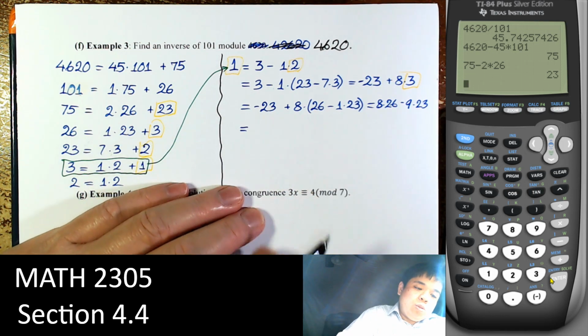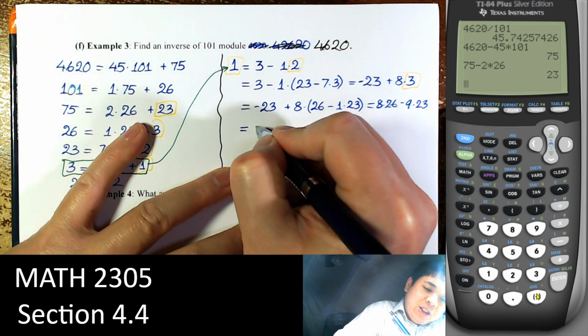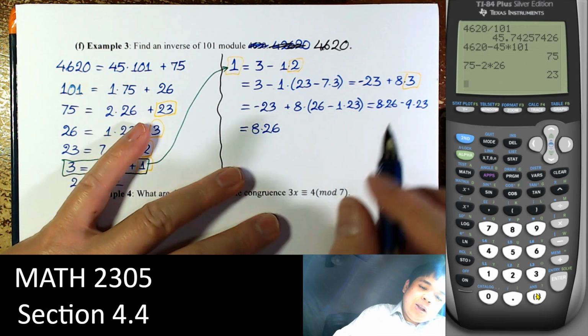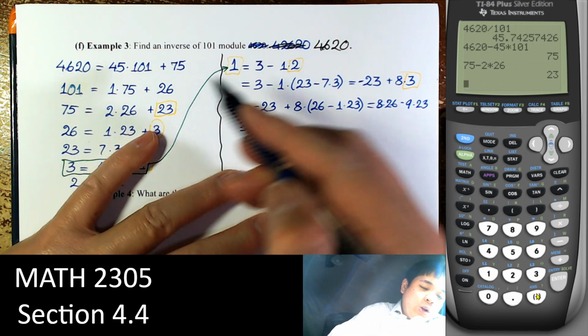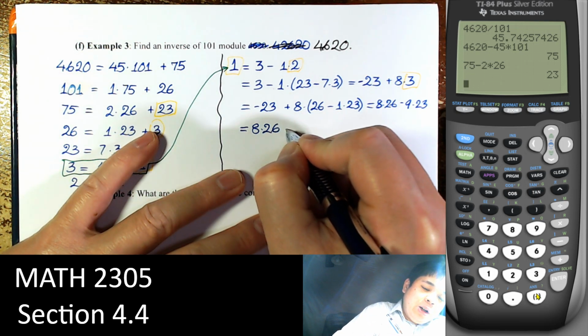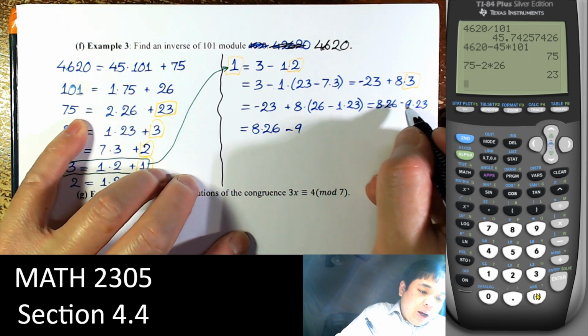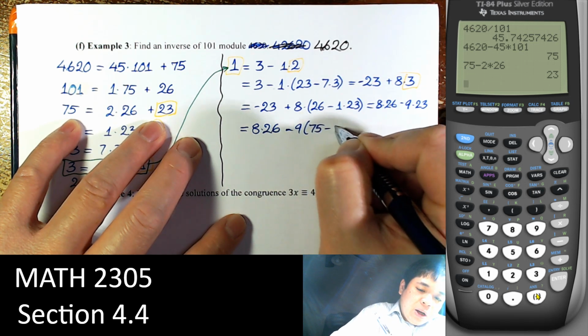Just 8 times 26. I just leave it like that. Why not? Now 9 and 23. 23 will be therefore still have minus 9, and then 23 is 75 minus 2 times 26.